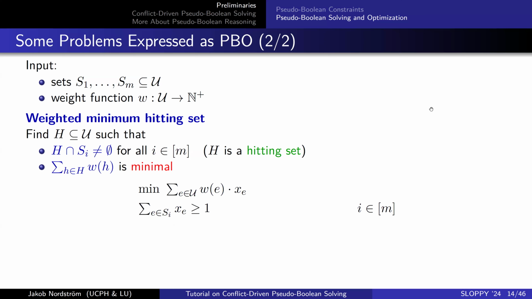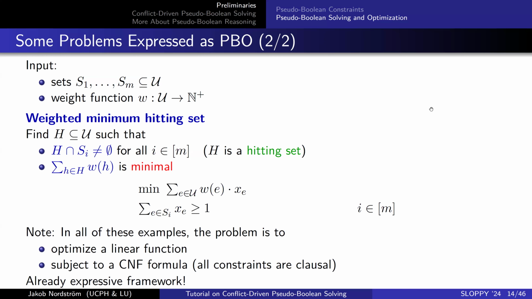And again, this is just minimizing the sum of the chosen elements, subject to that in every subset there has to be a chosen element. It's worth noting, for all of these problems, that not only are they pseudo-Boolean problems, but if you look at the constraints, they are actually CNF formulas.